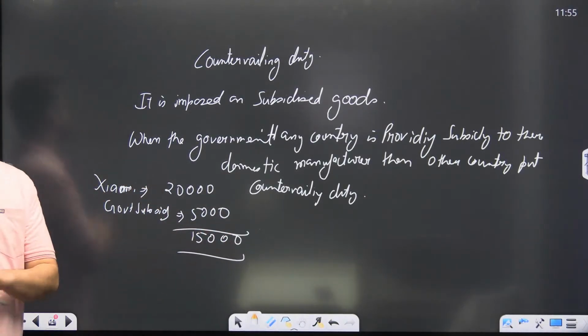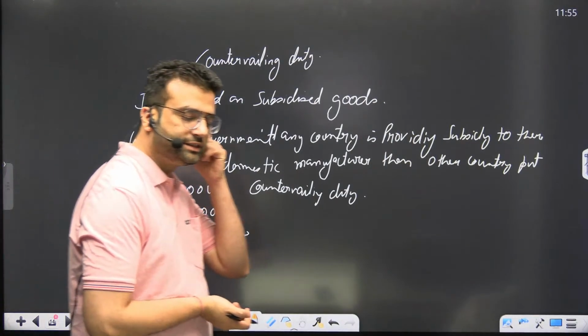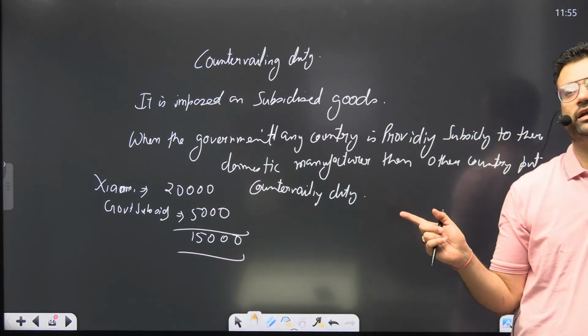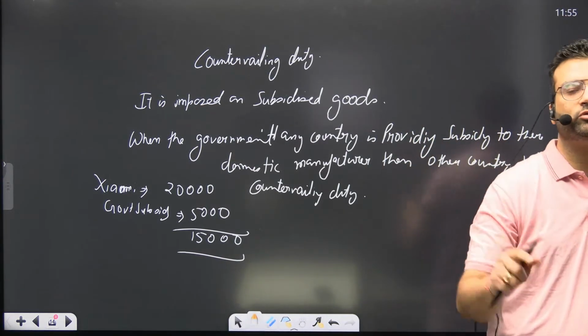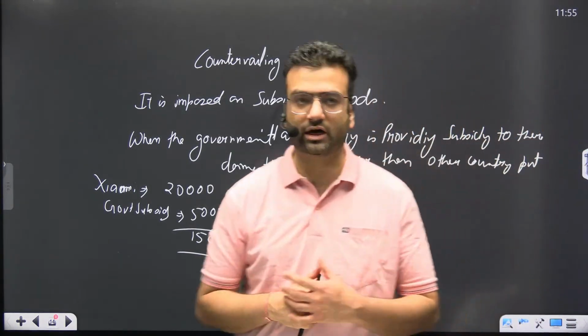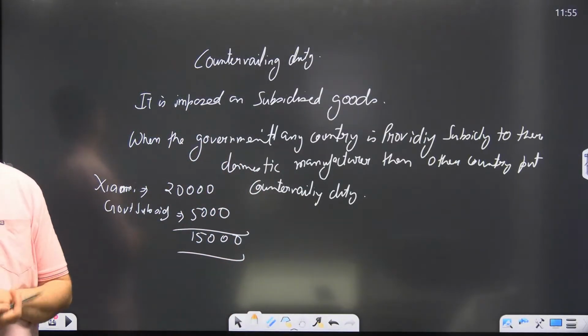Now if it comes to India and they are selling the phone in India, Indian domestic industries like Micromax or Lava or Carbon cannot sell the same quality at 15,000.